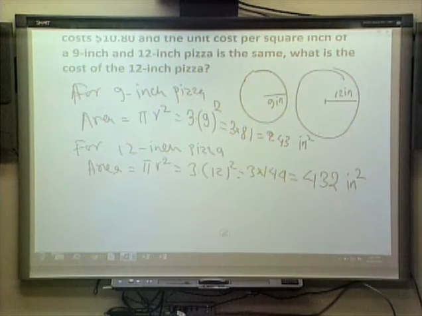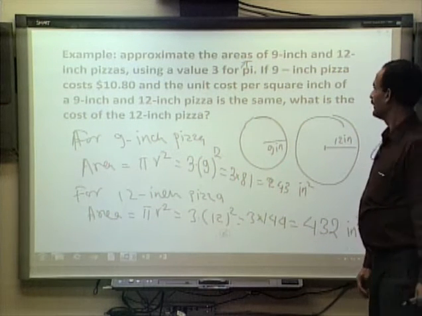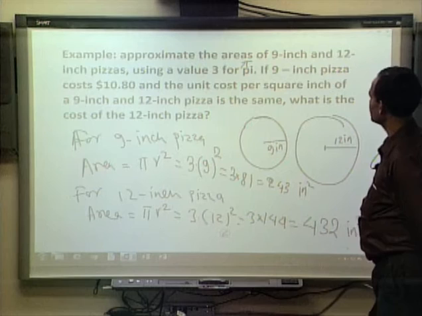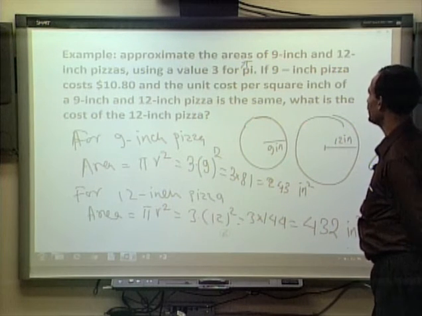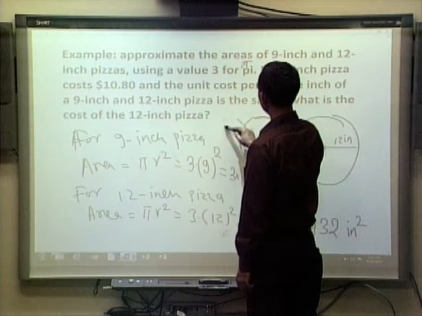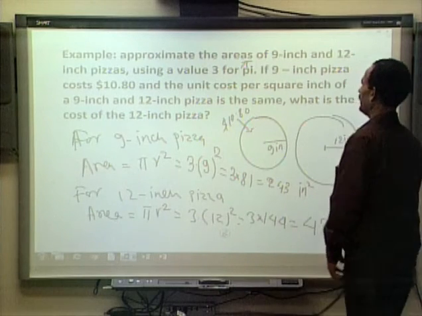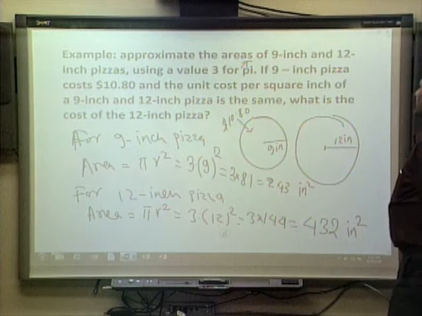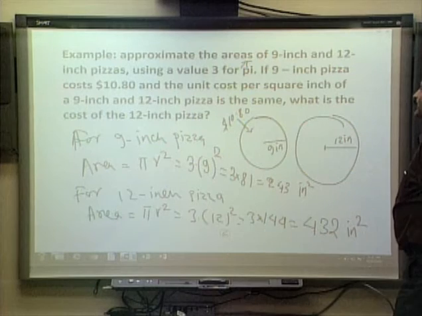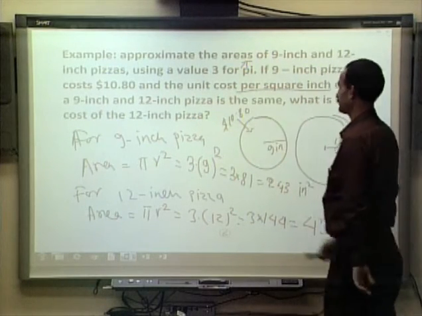Let us look at another part of the question. We did the first line of this question. Let us see another sentence in the question. It says, if the 9-inch pizza costs $10.80, and the unit cost per square inch of a 9-inch and 12-inch pizza is the same.